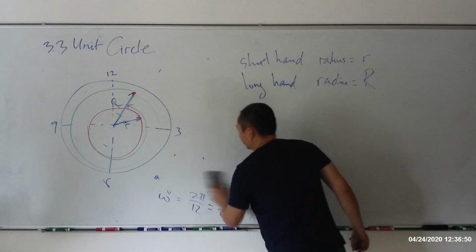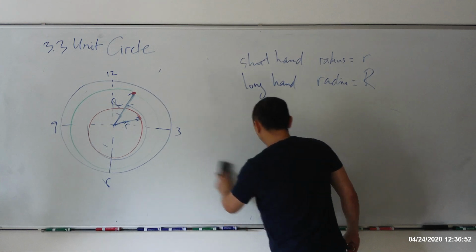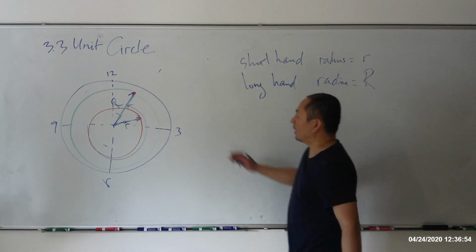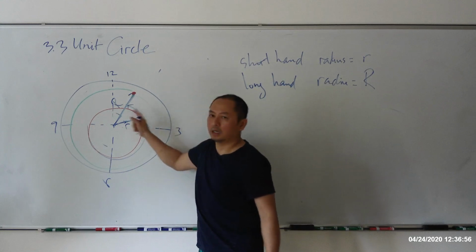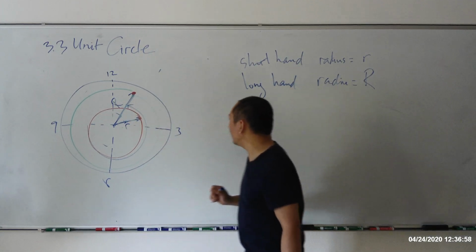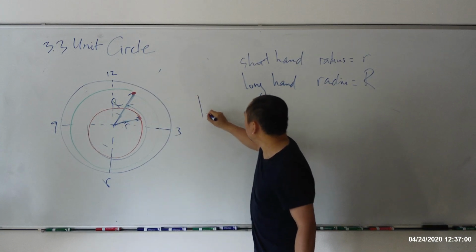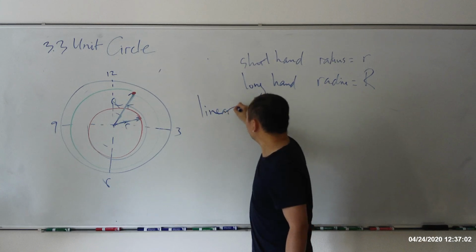Okay? So if you want to calculate the linear speed, you have to calculate the distance traveled divided by the time. So for linear speed, right?